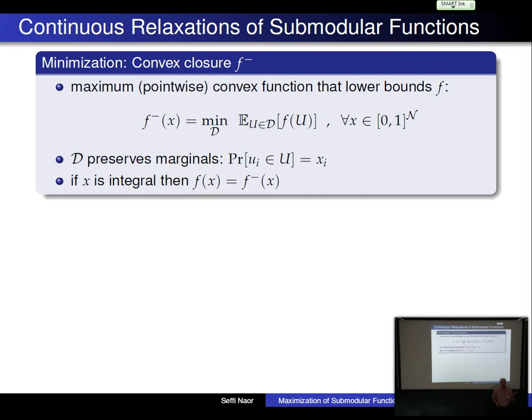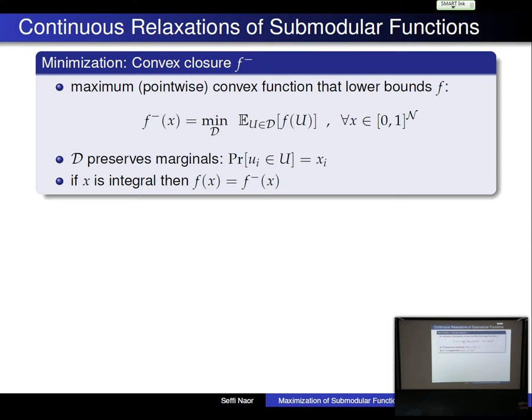If we have a variable which, in the integral solution, can only take values 0 or 1, when we relax it, we allow it to take any fraction between 0 and 1. What would be the analog relaxation for a submodular function?